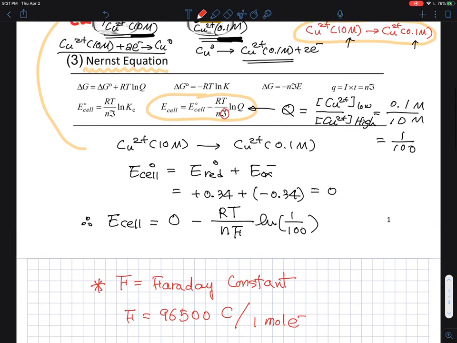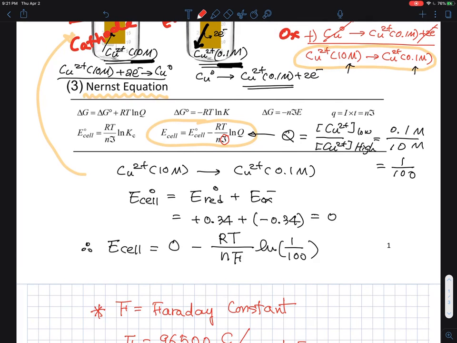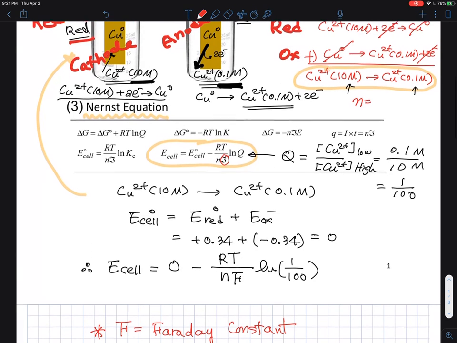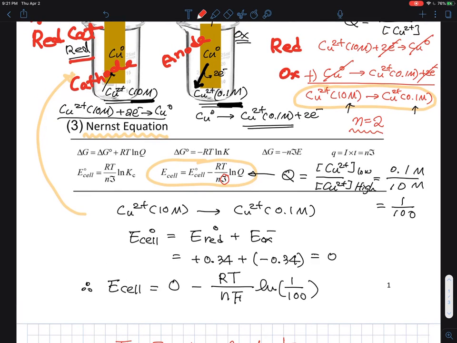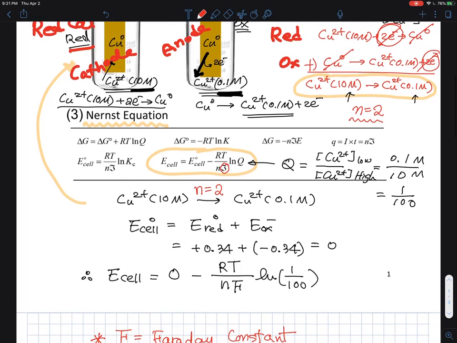And then what is my n? n here is, I said, the number of electrons involved. So you need to really write the half reactions. And you can see here, there are 2 electrons that cancel each other out. So in this reaction, the way it is written, the transfer of electrons is essentially 2 moles, right?